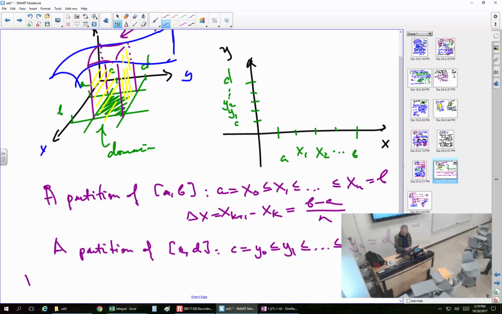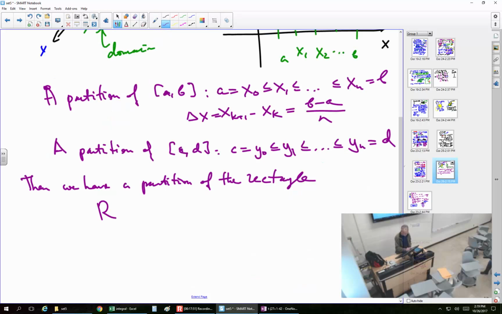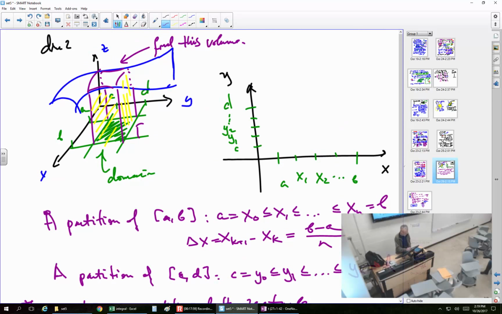Then we have a partition of the rectangle R equal to AB cross CD. So that rectangle that we have here, and now we have it here as well, like this.